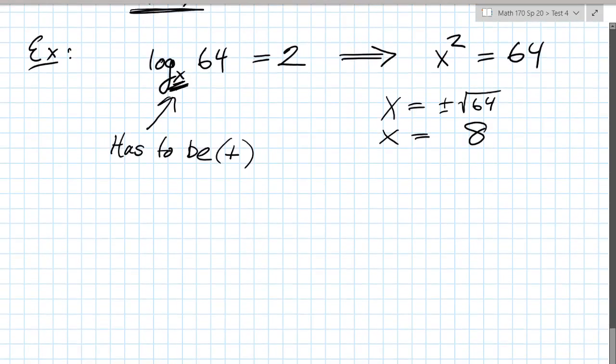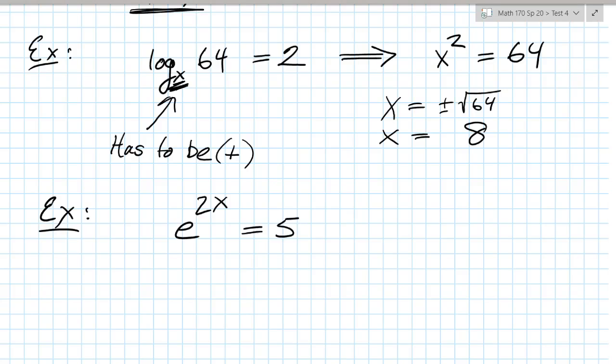Let's do another one. If we have e to the 2x is equal to 5, this doesn't look like a logarithm problem. This looks like an exponential problem. But if we try to use the techniques of solving exponentials, you remember we have to get the bases to match.